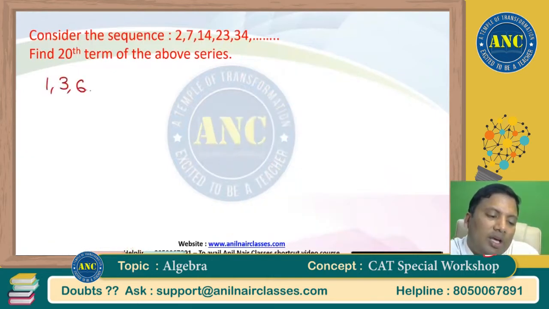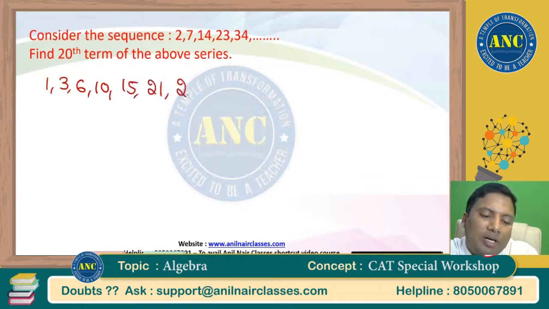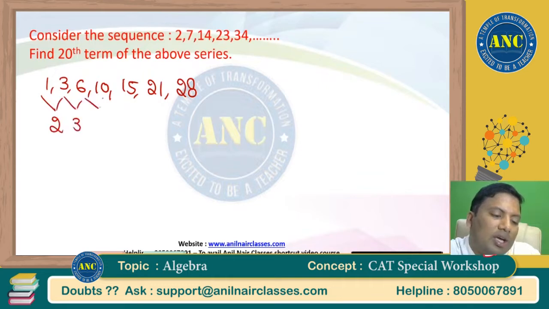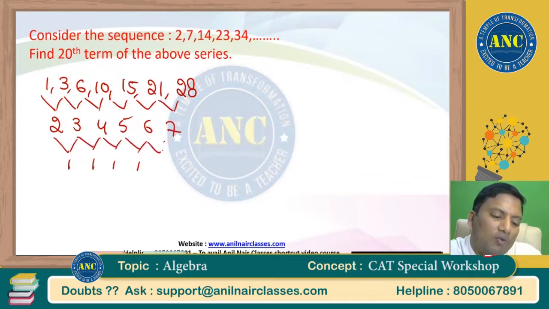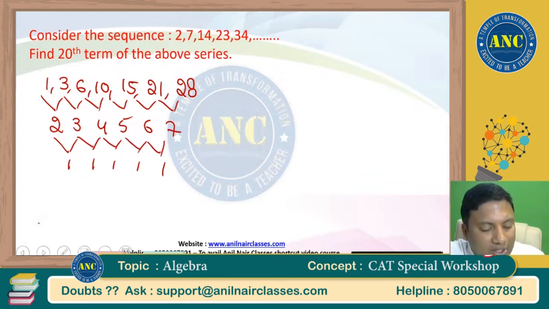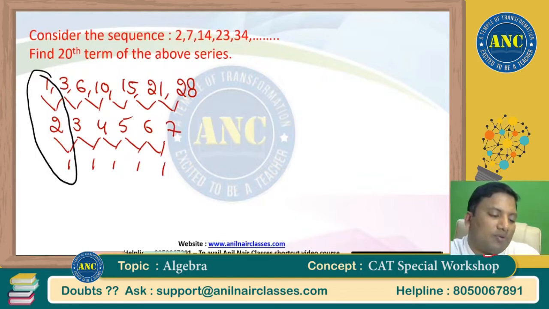1, 3, 6, 10, 15, 21, 28. Listen carefully. Here it is 2, here 3, here 4, here 5, here 6, and 7. These are nothing but 1, 1, 1, 1, 1. Only concentrate on the leftmost values.